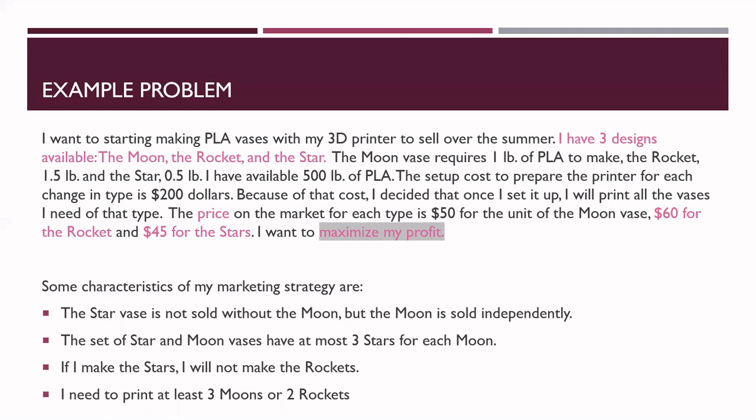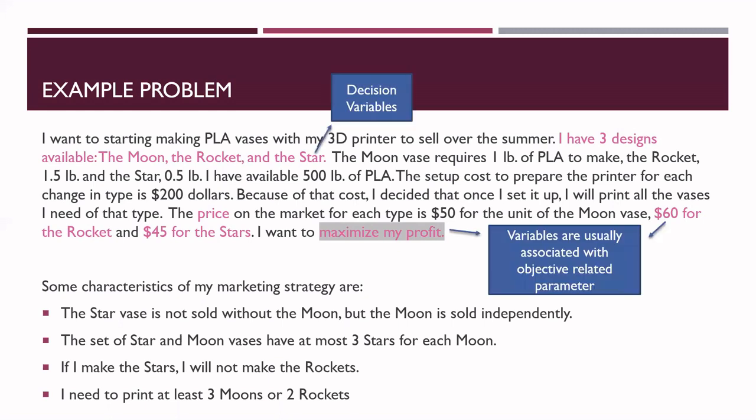Another thing that we can use as clues for which variables are going to be our decision variables are the parameters that are directly related to our possible variables and also directly related to our goal, that is to maximize profit. So if I want to maximize profit, I will probably have some revenues and costs, and those revenues and costs will normally have to be associated with some decision variable.